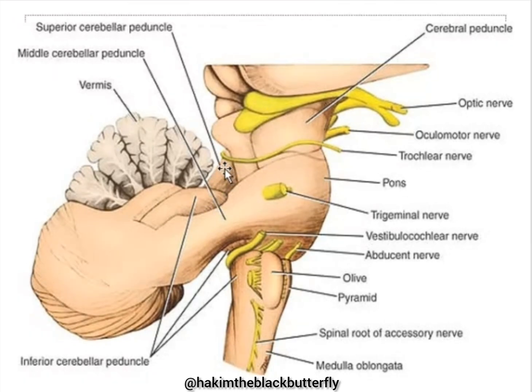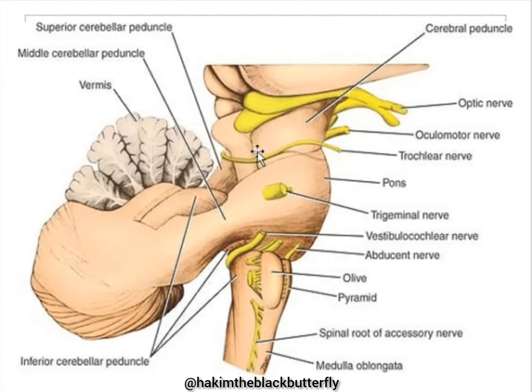These are the 3 bundles of neurons which connect the cerebellum to the brain stem.